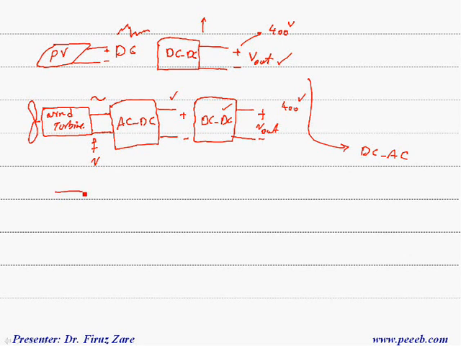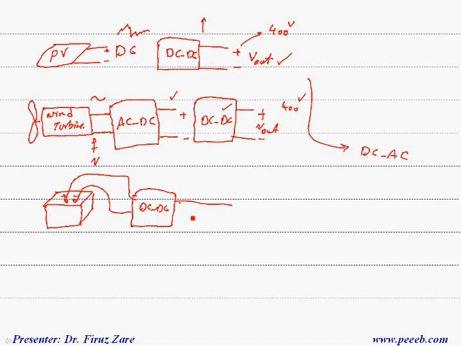And the last power supply, which we can use as a backup, is a battery. So if the battery's voltage is lower than 400 volts, we can use another DC-DC converter here to convert the low voltage into high voltage.